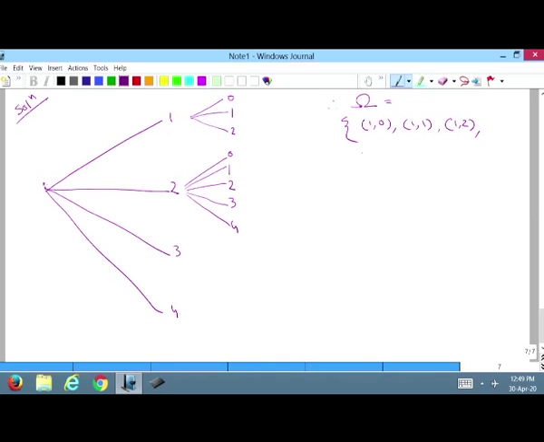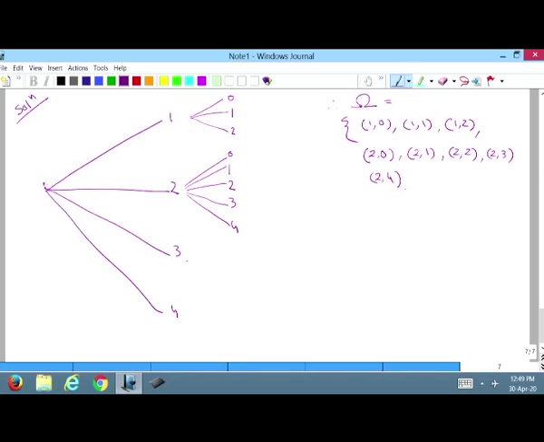Therefore, the corresponding elements in the sample space are 2 0, 2 1, 2 2, 2 3 and 2 4.